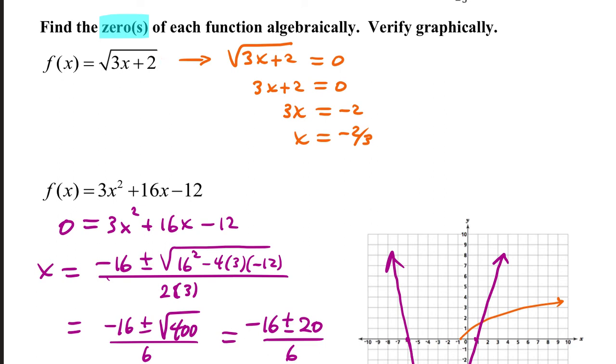This function is equal to 0 if x is -2/3. Down here on the graph, we put a dot at approximately -2/3 and used our graphing calculator to get the graph of the square root of 3x plus 2. That x-intercept occurs when x is -2/3.